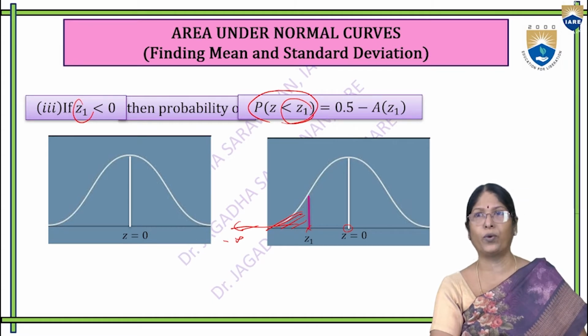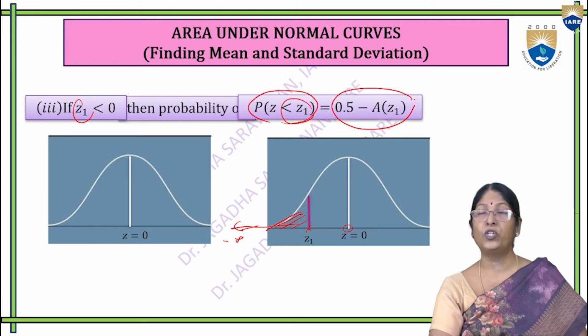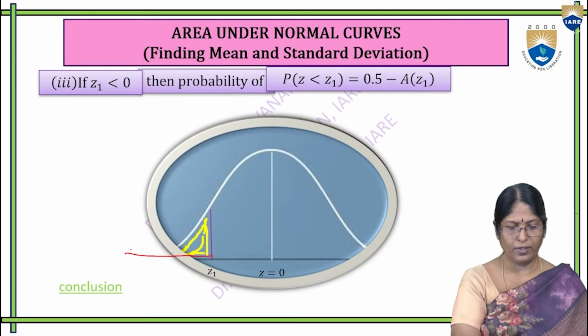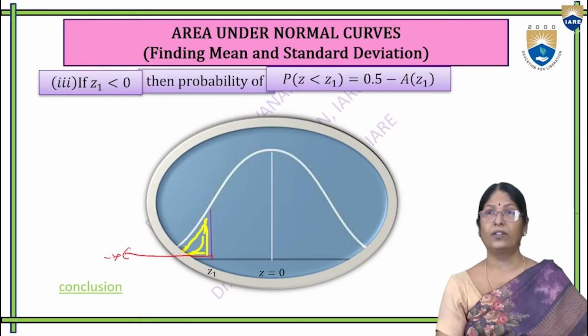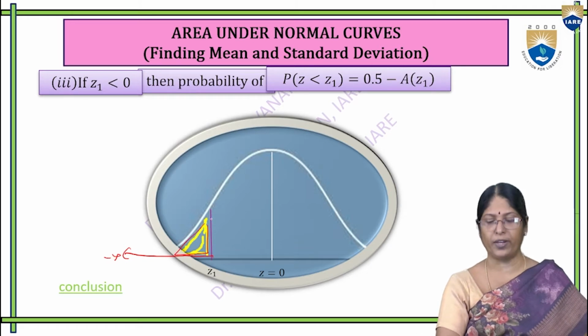How to do the calculation? We have written 0.5 minus area of Z1. We can see more clearly in the next slide. Here we can see minus infinity. This shaded part only is to be calculated.